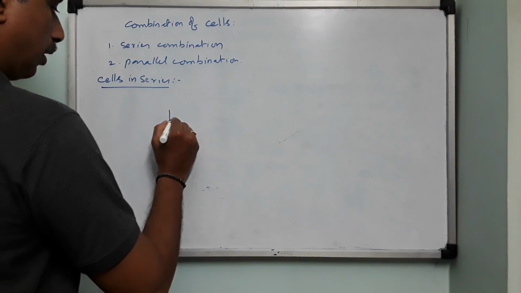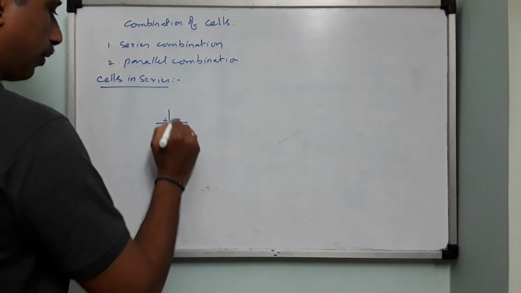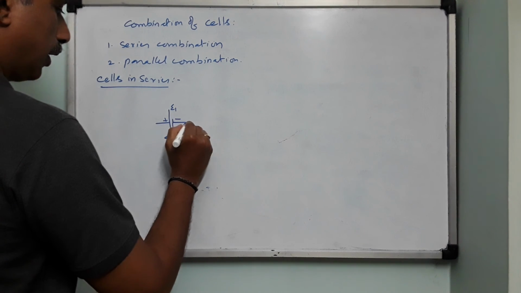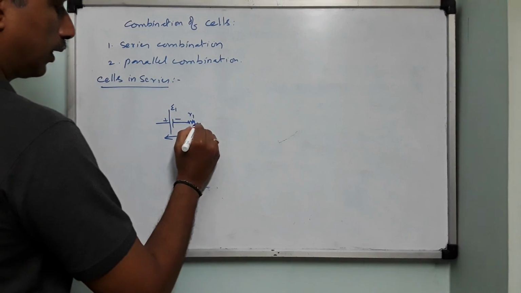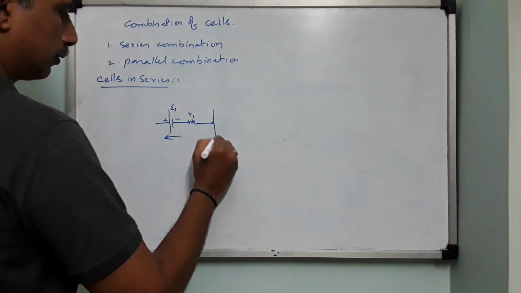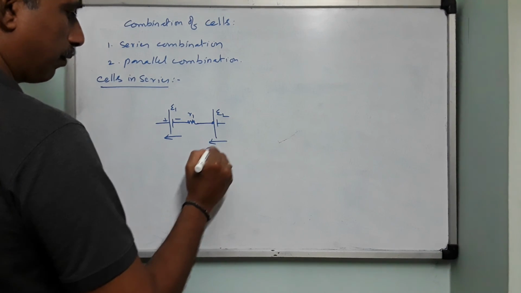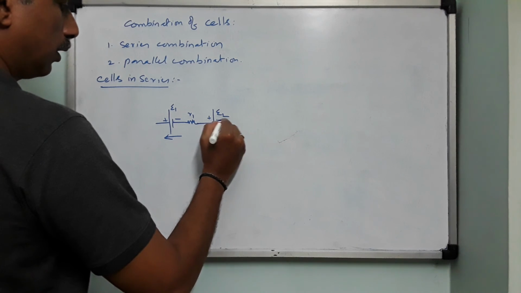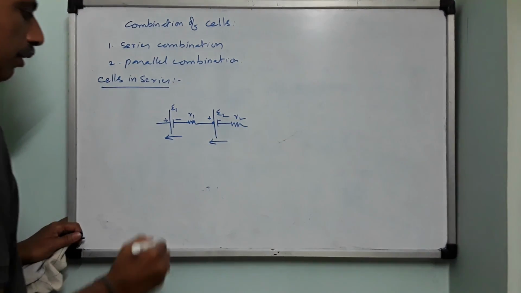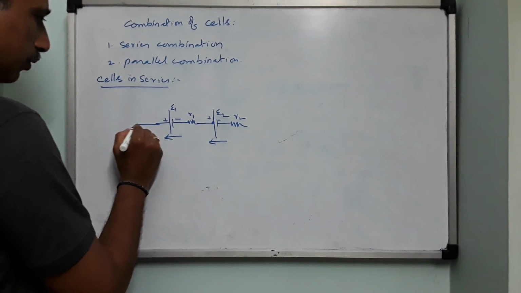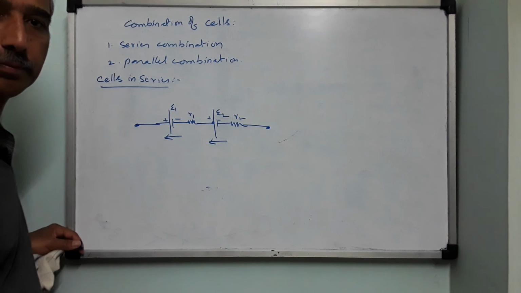So here you have a cell, plus minus direction of EMF E1, and it has a small internal resistance r1. Connected to this in series, we have another cell of EMF E2, direction of EMF is like this, plus minus, and it has another small internal resistance r2. Of course, these two will be connected across a load.